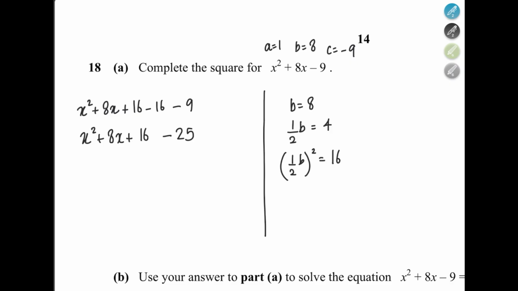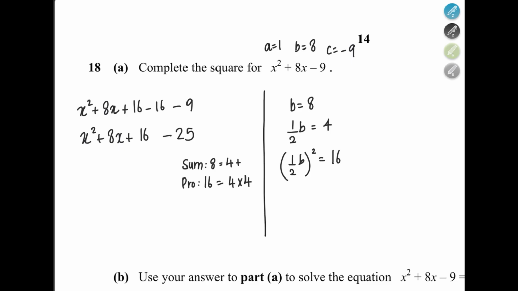So we can now factorize this. So we'll take sum as 8 and product as 16. For sum, you always take the coefficient of x, like the number before x, and for product, you have to take this number. So this is going to be 4 times 4. It will give you 16, and we have to use the same number for sum.